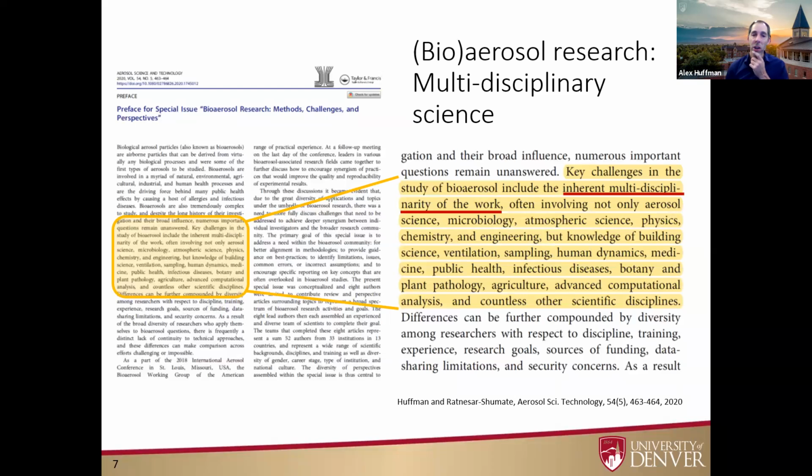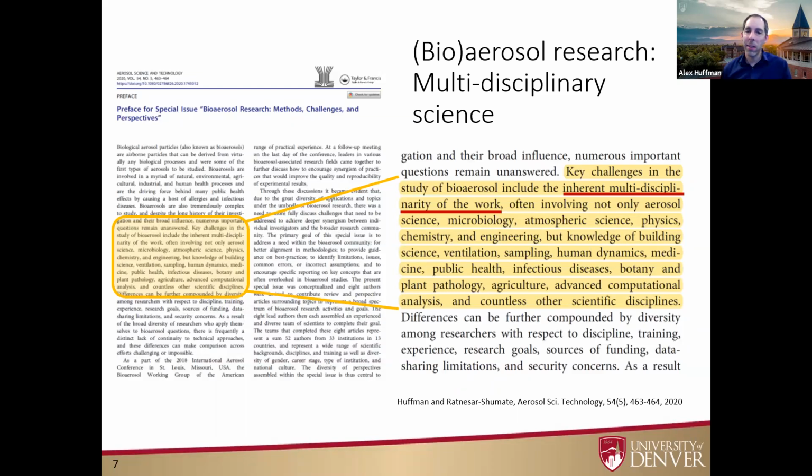So bioaerosol research itself is intensely multidisciplinary, as you have even heard discussed in terms of the respiratory side of this and indoor environments. And this is just a snapshot of a paper we put together a few years ago.